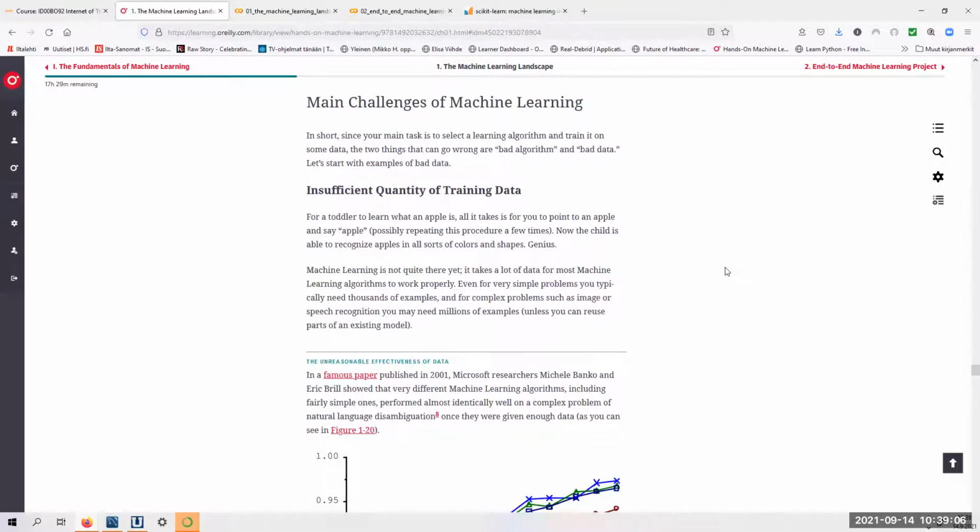Some challenges regarding these machine learning processes. In principle, you can have either a bad algorithm or bad data. And it turns out that bad data is a much more severe problem than a bad algorithm.